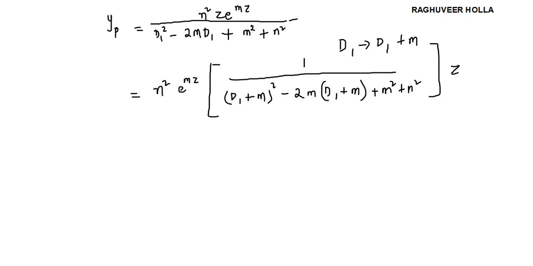Now let us try to simplify the denominator. What we get is n square and e to the power of mz.